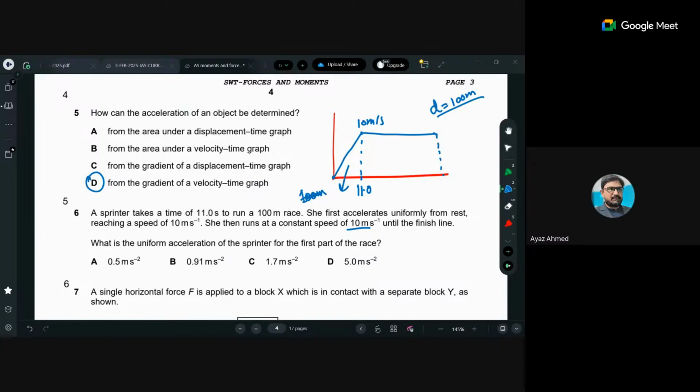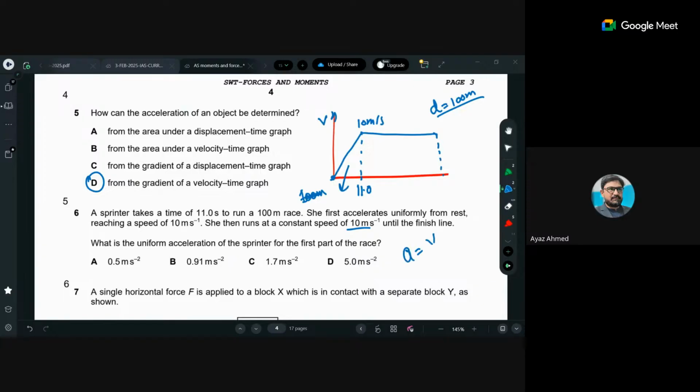Yes, sir. Okay. It is a velocity and time graph. Isn't it so simple? Why am I going to overthink that?